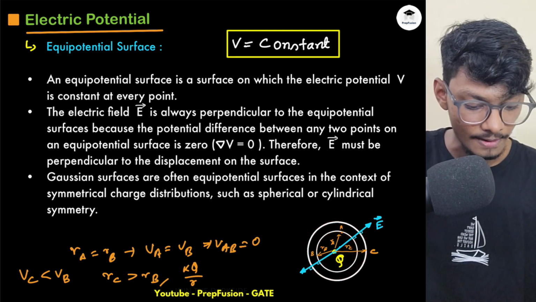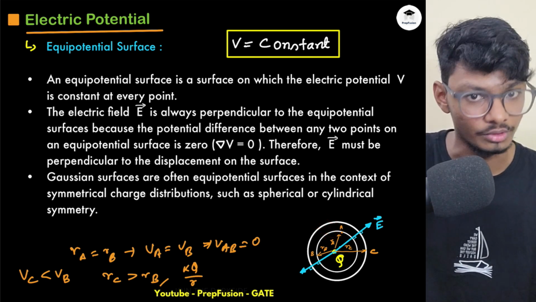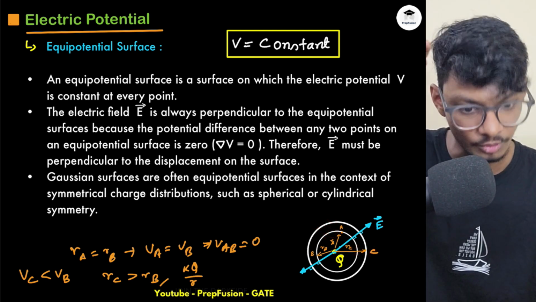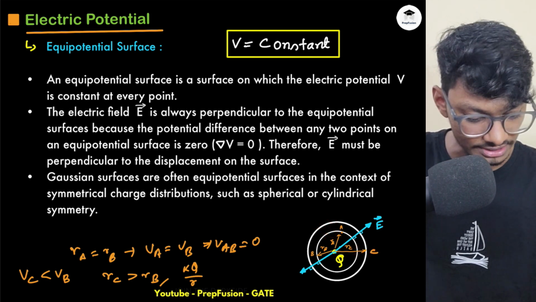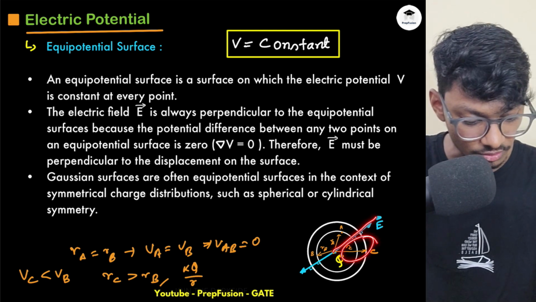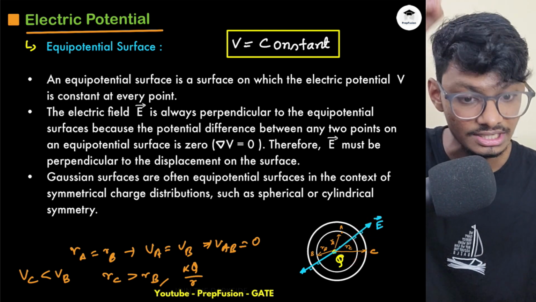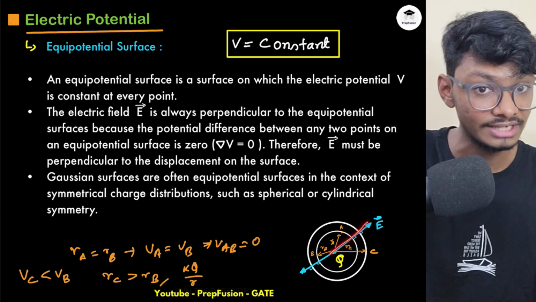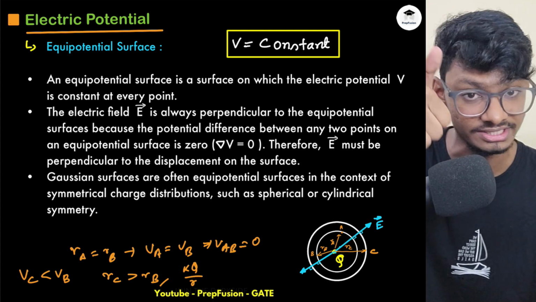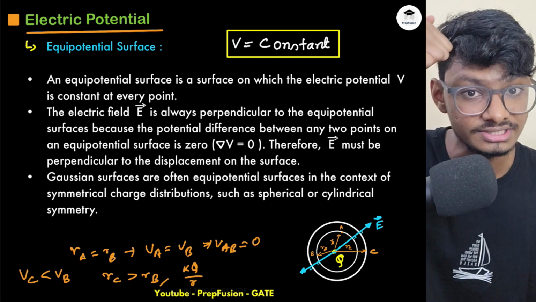But these two surfaces are not equipotential to each other; the potential is different. At point C, the potential is lower. But I can say the electric field is perpendicular to these two surfaces, each of which individually is equipotential, and the direction of the electric field is the direction in which electric potential is reducing.